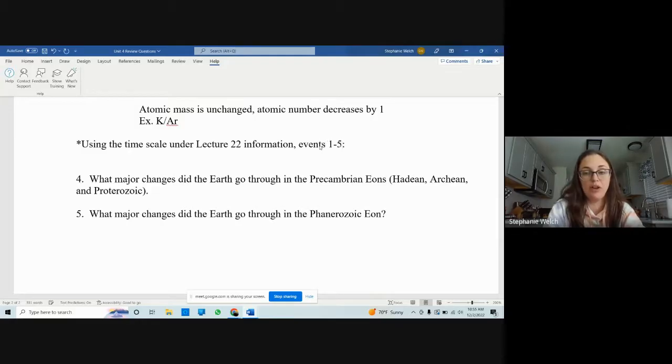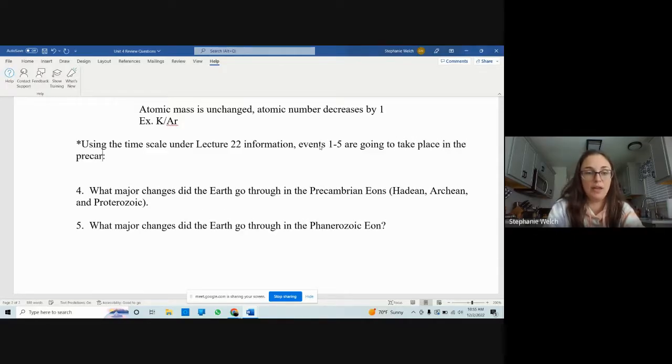Events 1 through 5 are going to take place in the Precambrian. So that's question 4.